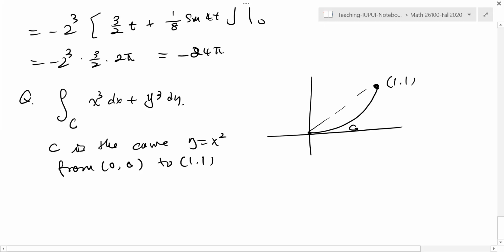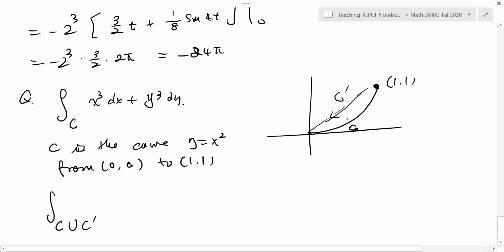You can do it in the following way. You can add another curve, C prime. So instead of C, let's say C is the union of these two curves.